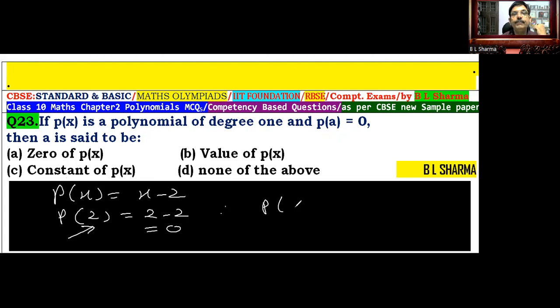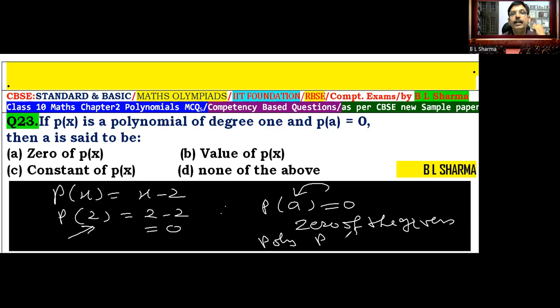So if it is written p(a) is equal to 0, then this a is said to be the zero of the given polynomial p(x). a वैल्यू को रिप्लेस करने पर राइट हैंड साइड वैल्यू 0 आ जाती है, तो दैट इज सेड टू बी द जीरो ऑफ द गिवन पॉलिनोमियल p(x). a is the correct option.